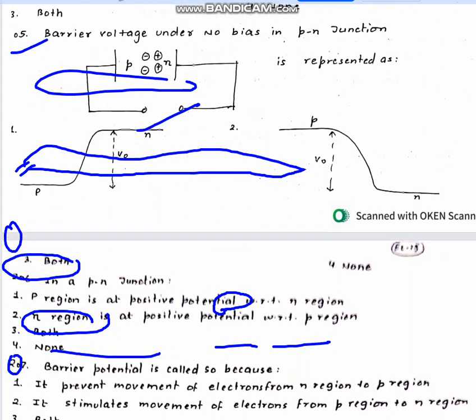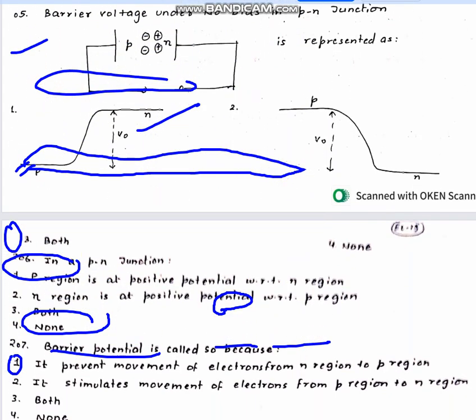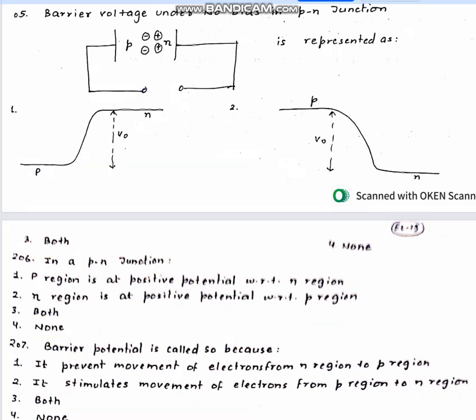Next, barrier voltage under no bias is represented by, obviously, as the electric field is from N to P, the N side will be at higher potential as compared to P. So first is correct over here. Next, in a p-n junction, the P region is at positive, obviously first is correct. Next, barrier potential is called so because it prevents movement of electrons from N to P region.